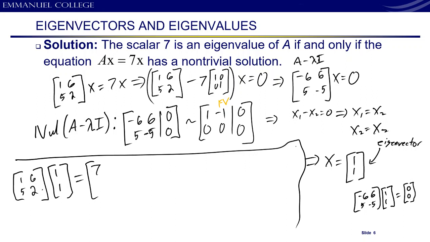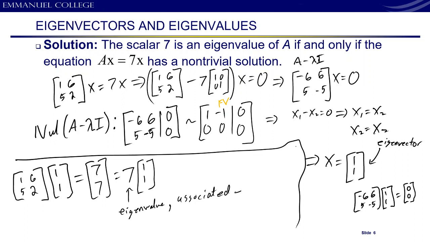And I get 5 times 1 plus 2 times 1, which is also 7. And we could factor out 7 and get 1, 1. So this is the eigenvalue. And this is the associated eigenvector.